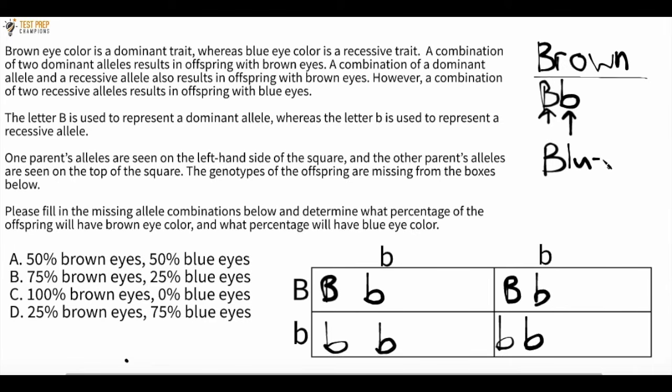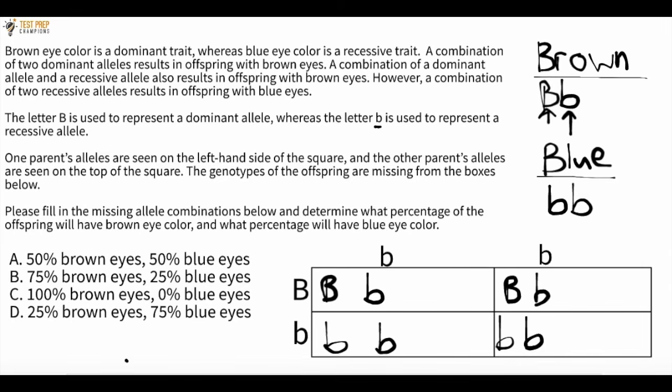Well, the blue is going to be the combination of a little b and a little b, because it tells us that a combination of 2 recessive alleles results in offspring with blue eyes, and that the little b represents recessive alleles. So this is what we've got here.